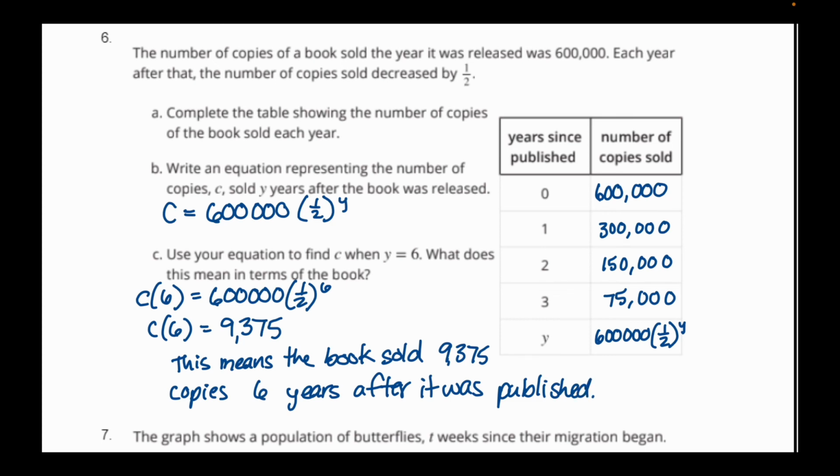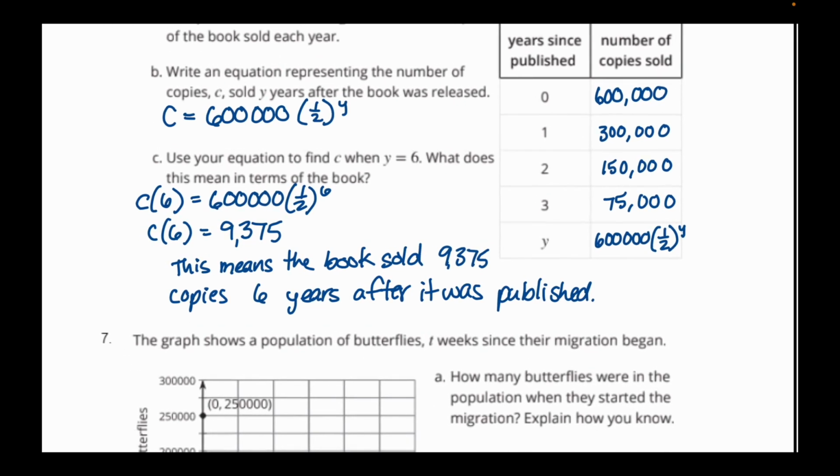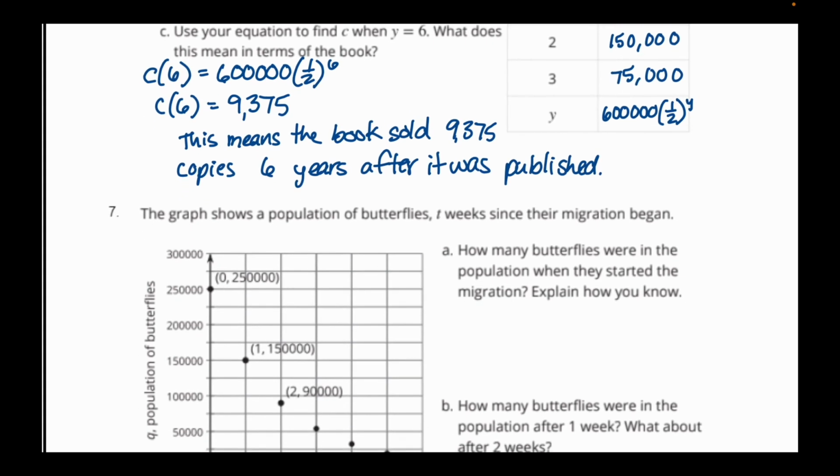And that's it. Yeah, they said after it was released, but released, published, same thing. I just use a different word for it, I guess, than they used in the question.